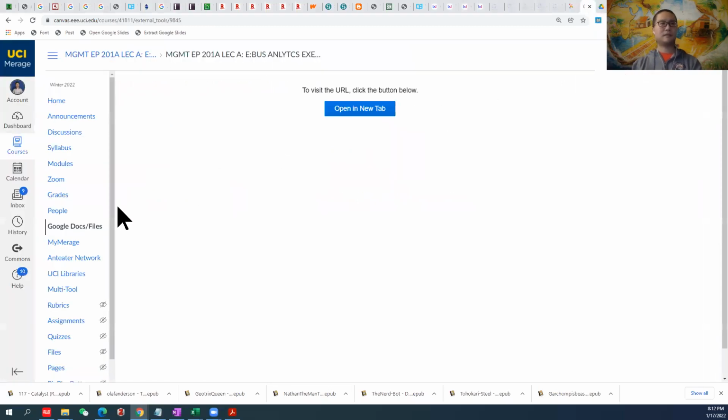Then you can find the link or the tab saying Google Docs and then Files. Yeah, you can find lots of resources there, Excel files. This has been pointed out in previous handouts and Canvas slides, so make sure you don't miss some of the Canvas content already.